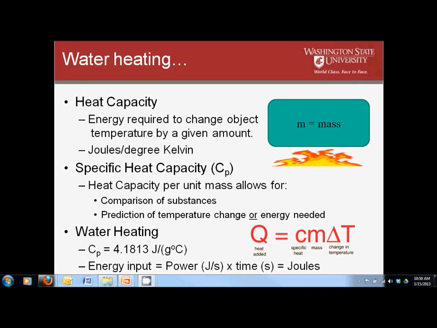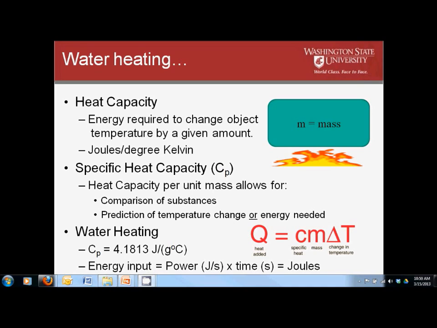So this is empirically determined and identifies how much energy is needed as a function of both mass of the object and the change in temperature. So this is the formula we'll be manipulating. The heat energy needed to change a particular mass is equal to the product of the specific heat of the material, the object mass, and the desired change in temperature.